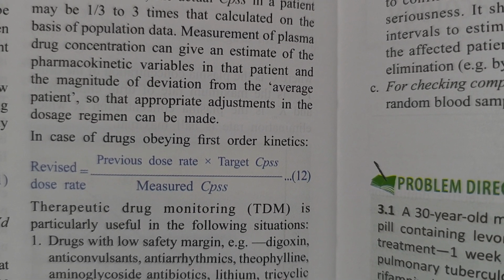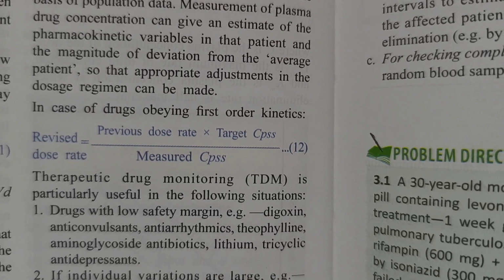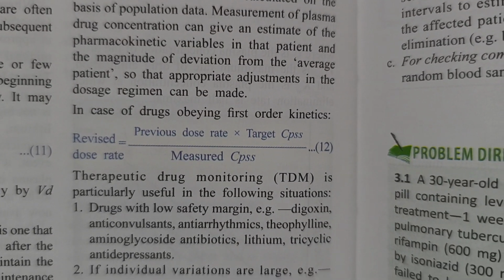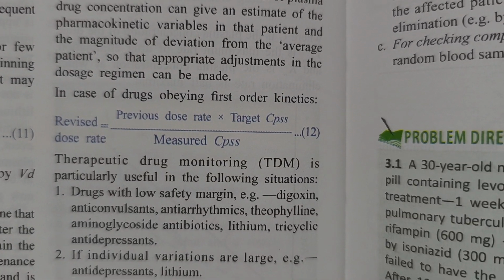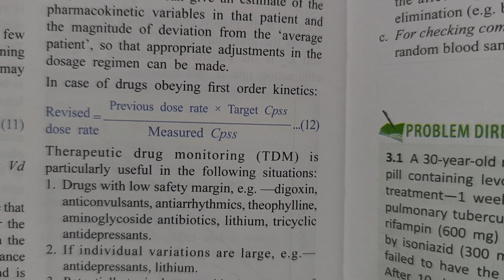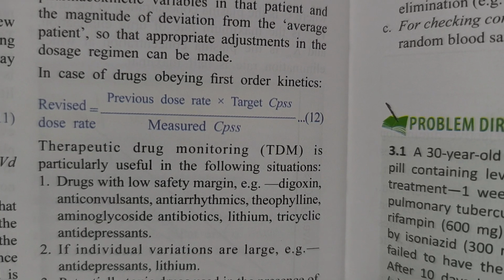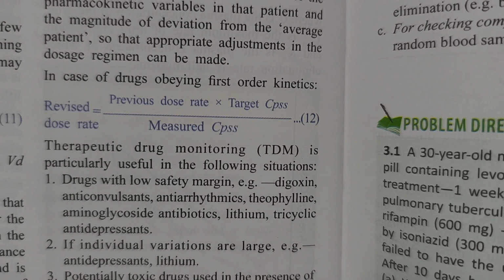Measurement of plasma drug concentration can give an estimate of pharmacokinetic variables in that patient and the magnitude of deviation from the average patient, so that appropriate adjustment in the dosage regimen can be made.